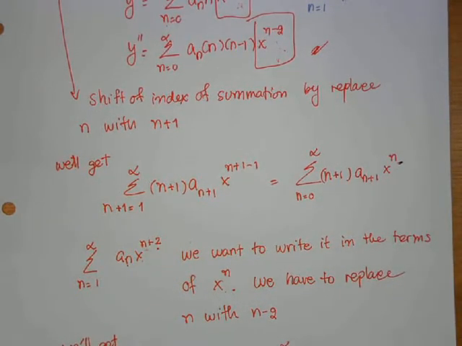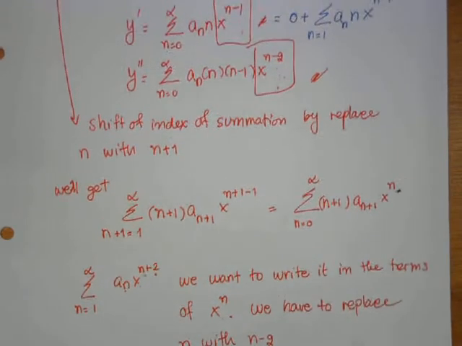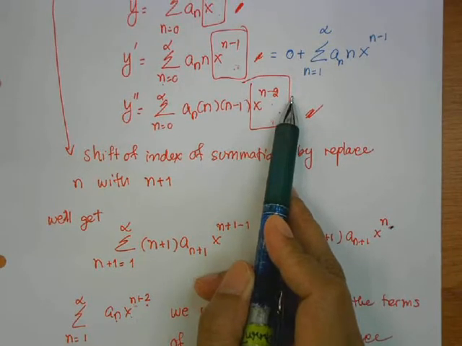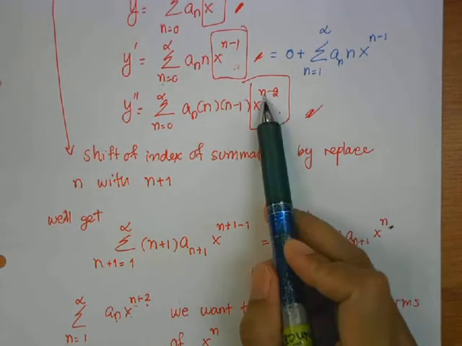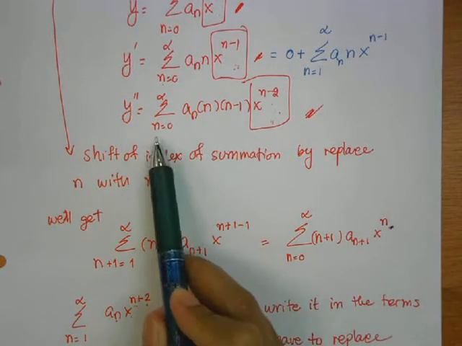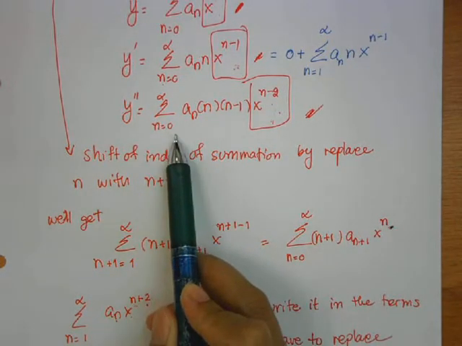And for the term with x to the power of n minus 2, I already did this one for you in the last problem. If you want this to become x to the power n, you have to replace n by n plus 2. If you put n plus 2 here, your n would start from minus 2, which doesn't make sense.